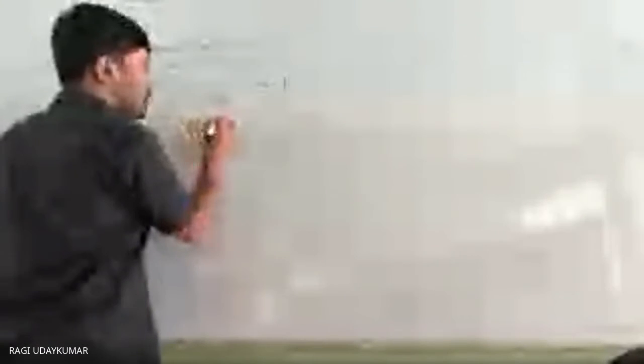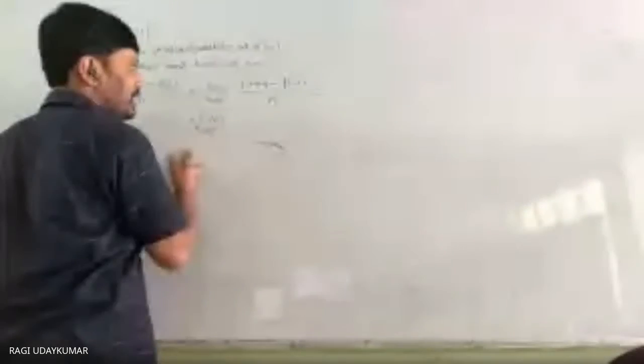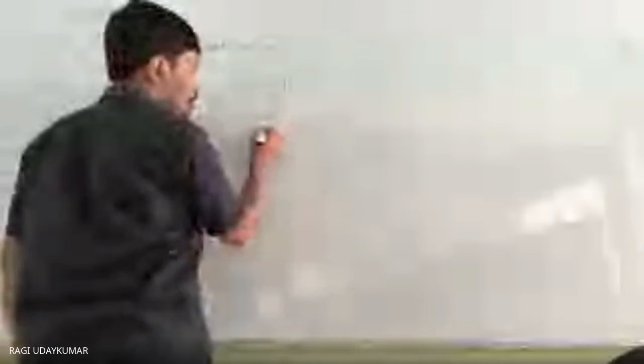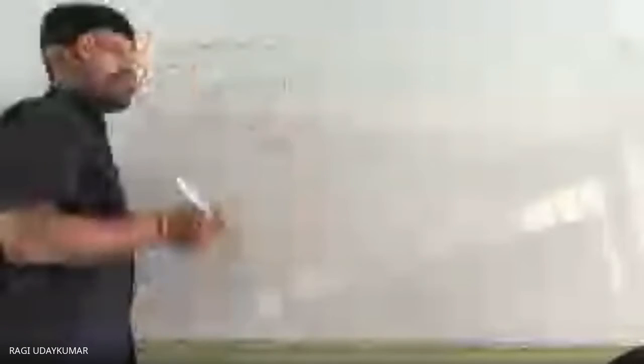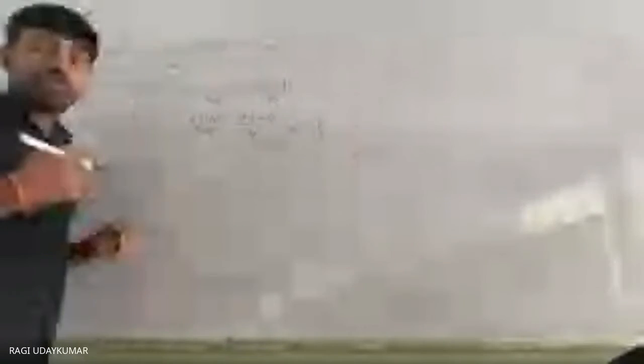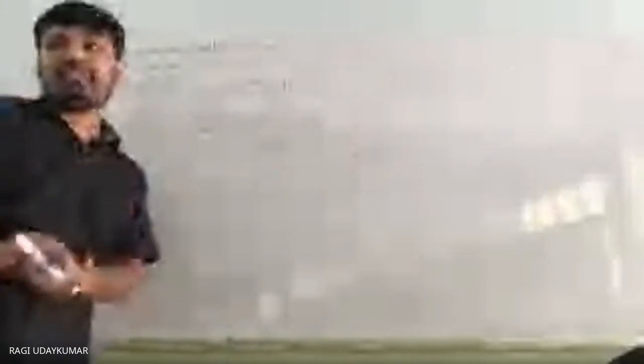Which is equal to limit h tends to 0 minus of modulus of h minus 0 by h. Mod h when h tends to 0 minus is minus h, because h is approaching 0 from the negative side, from the left hand side. So in that situation we get minus 1.